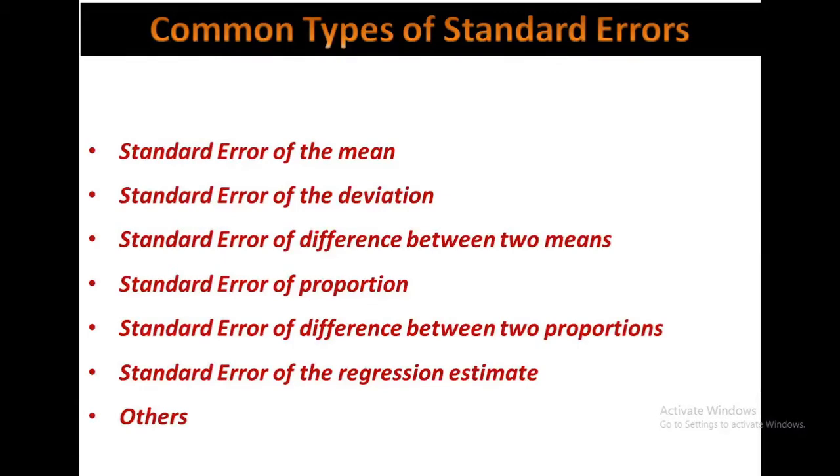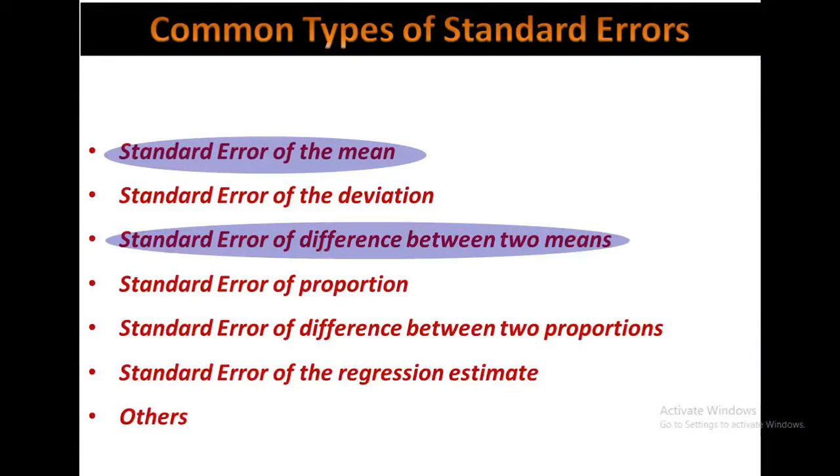Among these, the most frequently used is the standard error of the mean, which is also commonly known as standard error only. In addition to this error, the difference between two means is also quite frequent in estimating various tests of hypothesis.